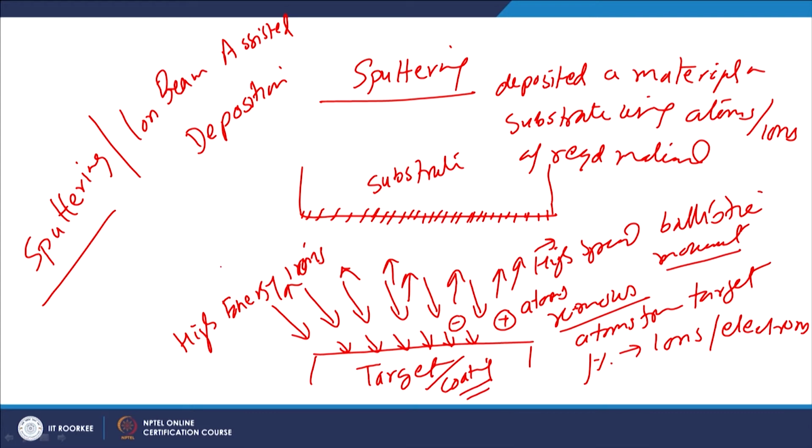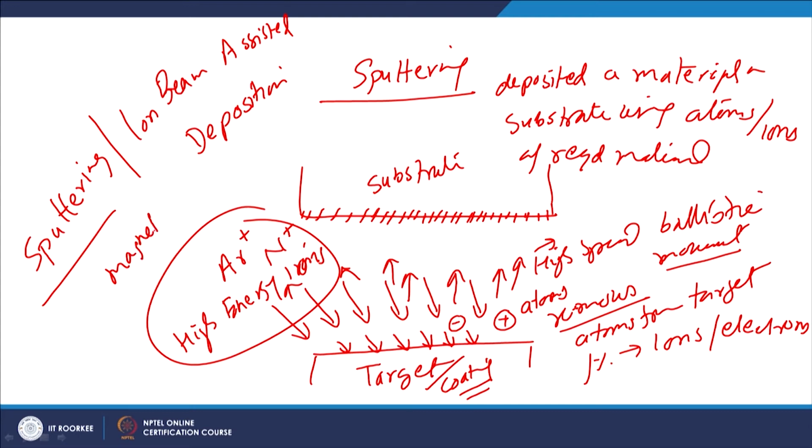Basically we can use an argon ion beam or nitrogen ion beams for producing the high energy atoms and ions from the target material, and for producing these high energy ions we may use magnetrons or diodes, which will be directed onto the surface of the target material.